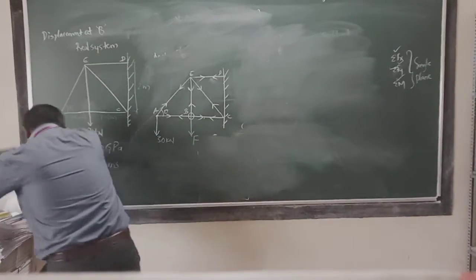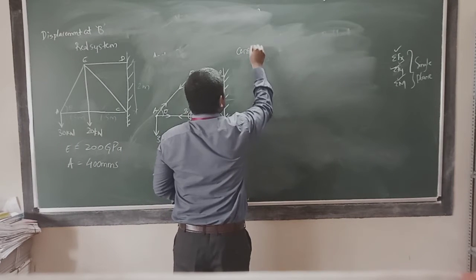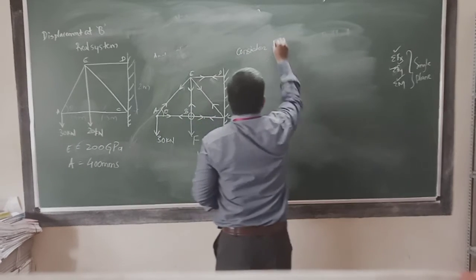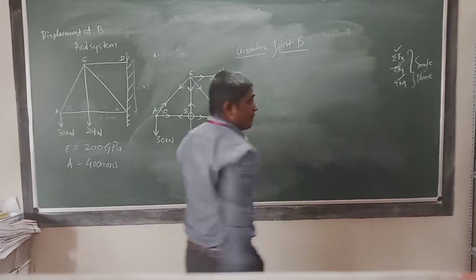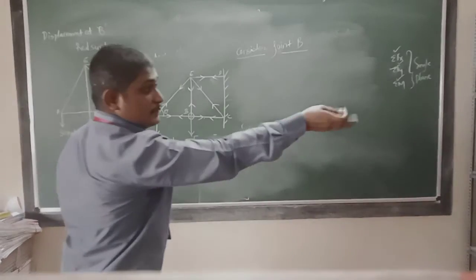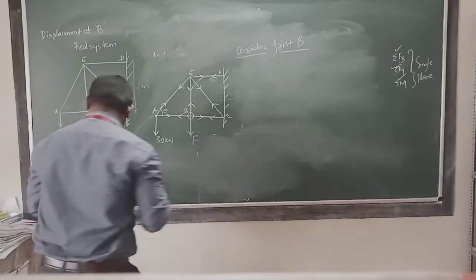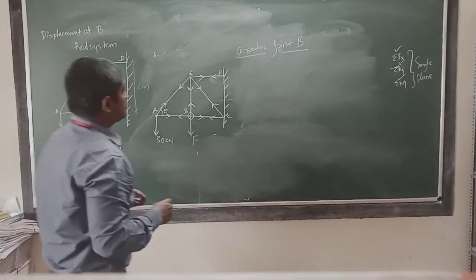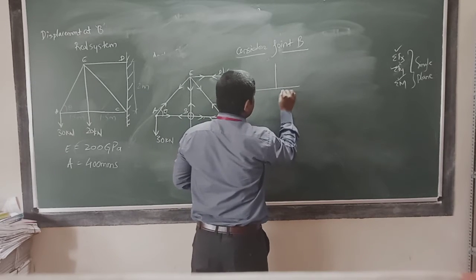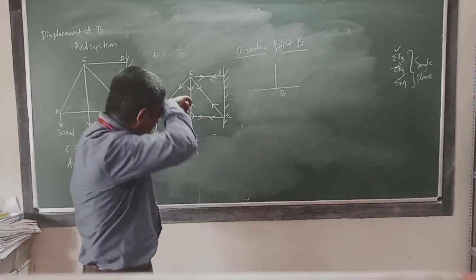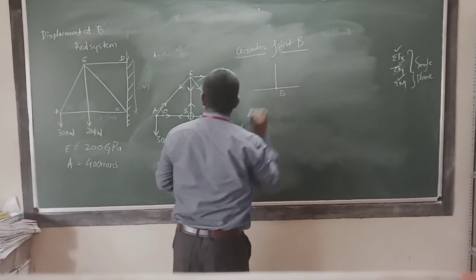Let us consider joint B. Consider joint B. So at B, I'll consider this joint B. Let's see which all members are getting connected with the joint B. Okay.